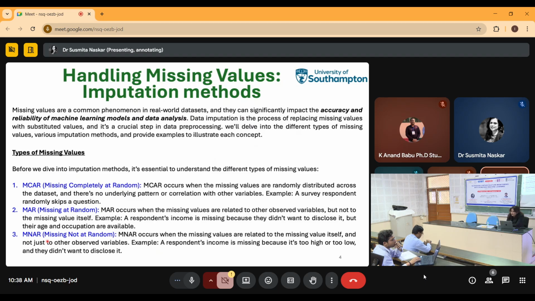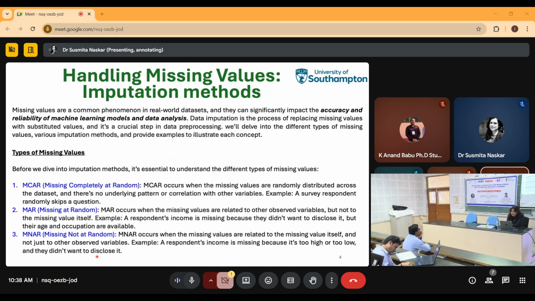An example could be income is missing, but it is usually or unusually high or low. The impact is that this is the hardest case. Simple imputation like MCAR methods is not easy here, so you need to consider some domain knowledge, some sensitivity analysis, or explicit models of missingness to identify the MNAR.